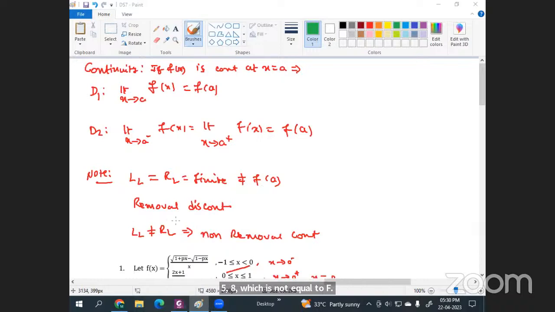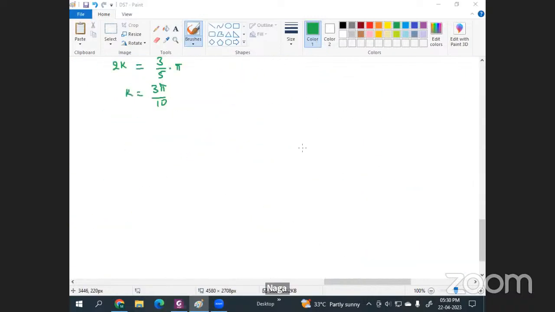So that is a removal discontinuous function. If left hand limit is not equal to right hand limit, then it is a non-removal discontinuous function. Is it clear? Nagapriya? Yes. Good.